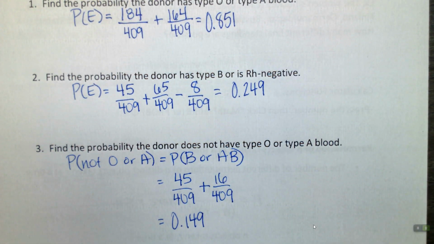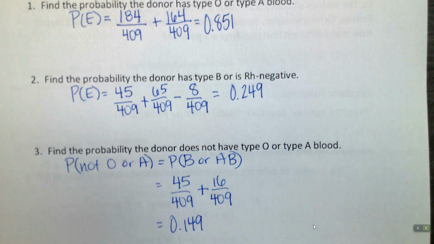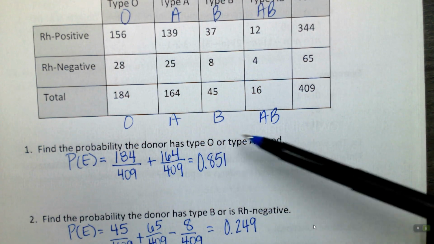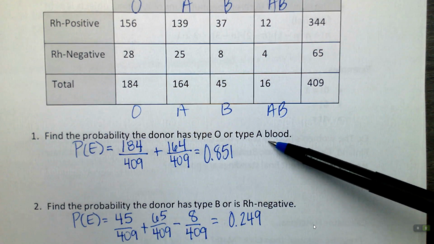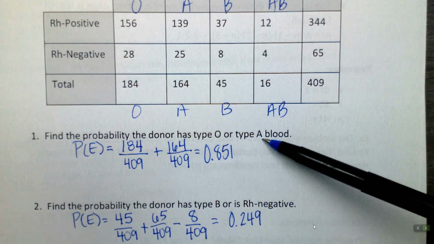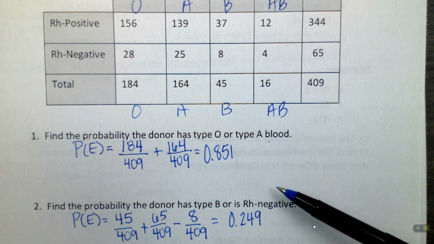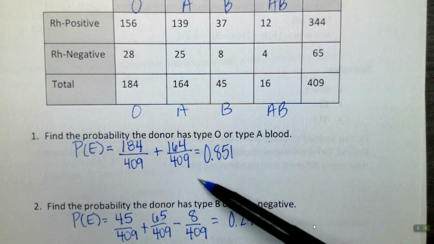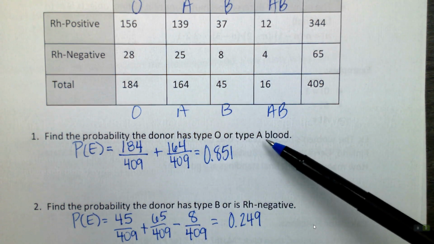Now, those people who are able to see complements really quickly, you probably picked up. I didn't get it at first. It took me a couple of times doing this. But you probably picked up that we already had O or A. So what they're pretty much saying is not what it is in number one.